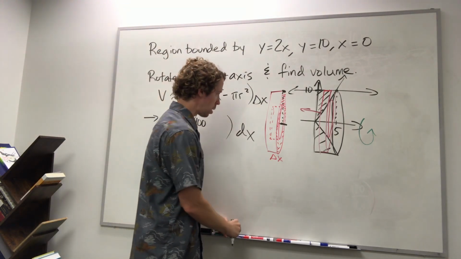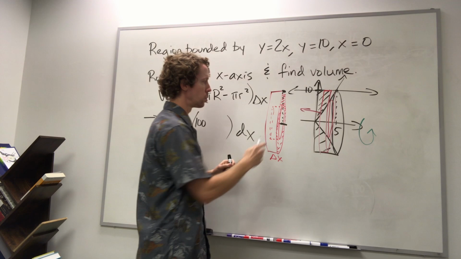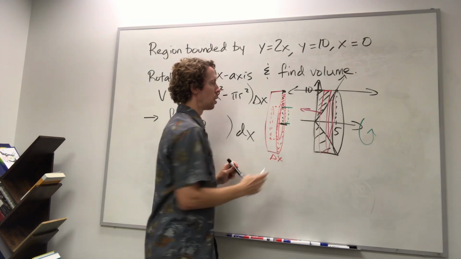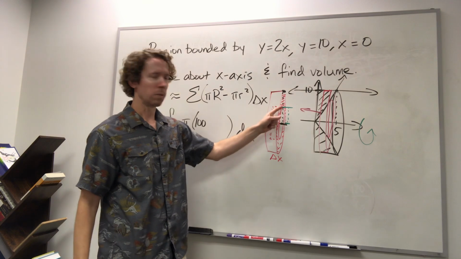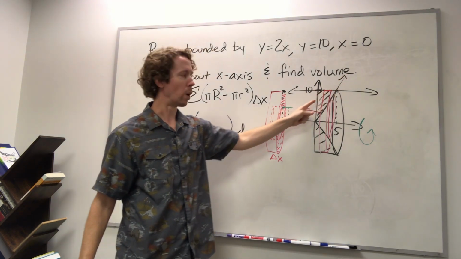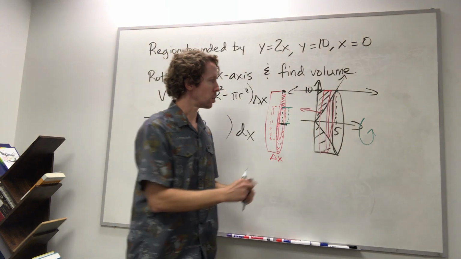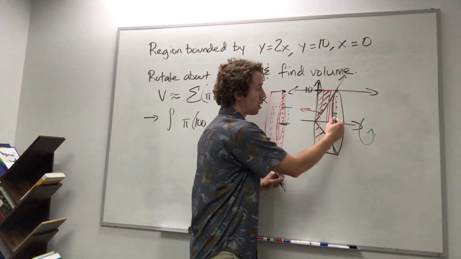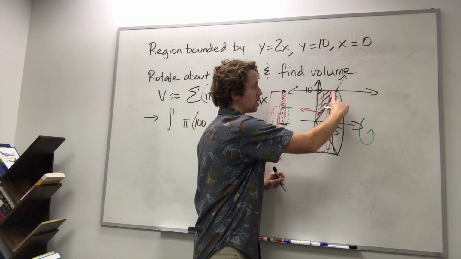And then little r just goes from the center up to this point. And this little one is determined by the line y equals 2x, the slanted line. So if I choose slices that are further out to the right, then that inside radius is bigger.